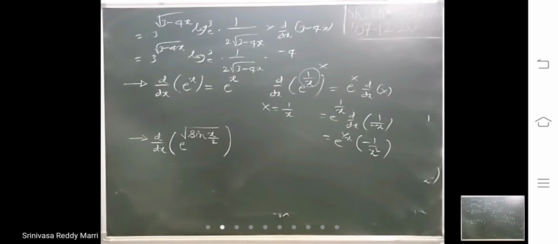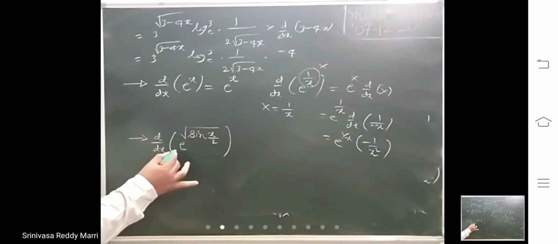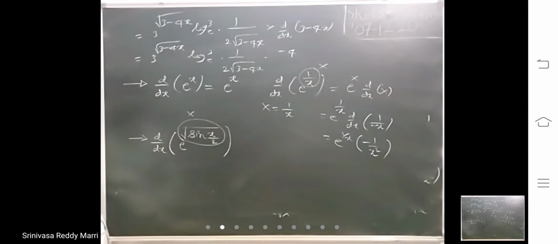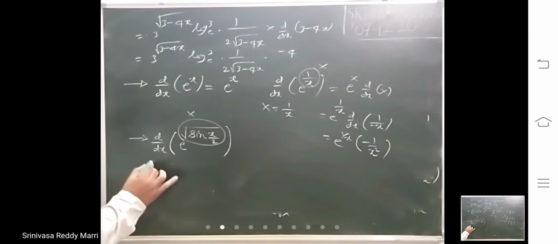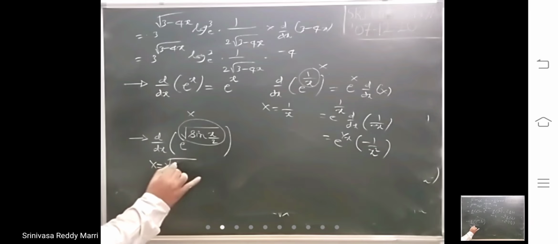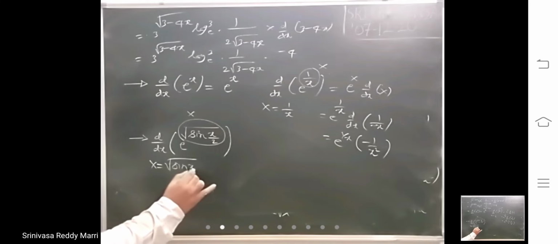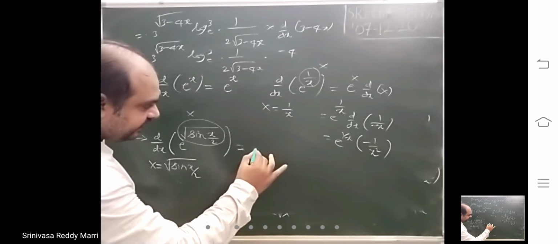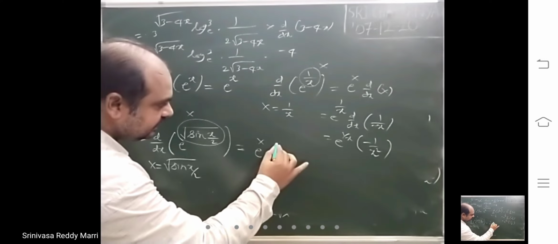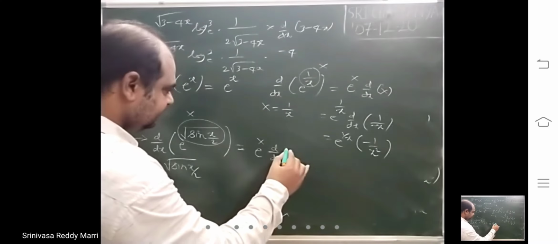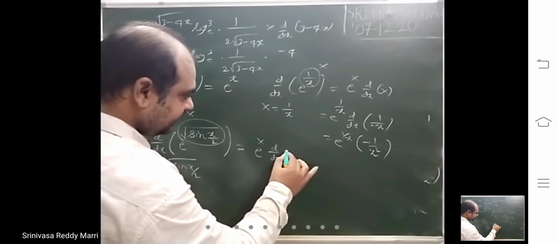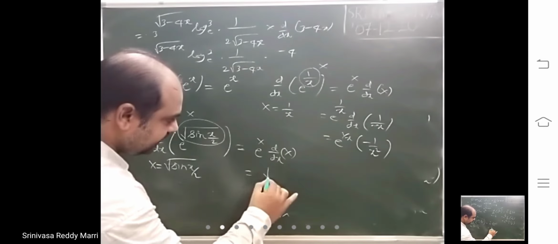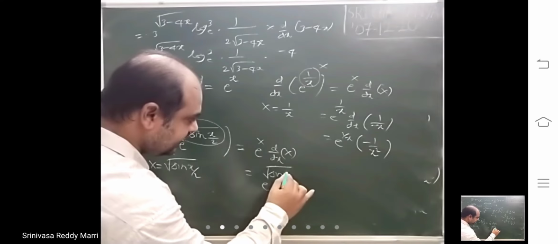The first rule is to take the exponent as capital X. Now this is e power X. What is the e power X formula? In the first step, write like this: e power capital X into d by dx of capital X, where capital X is root of sin x by 2.